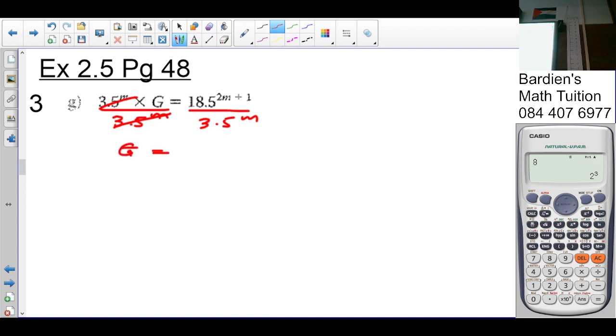So G equals, 3 goes into 3 once, 3 going into 18, 6 times, times 5 to the 2m plus 1 minus m. And why? Because when we divide here, bases are the same, we subtract the exponents. So 6 times 5 to the m plus 1. Okay. Any confusion there? No?